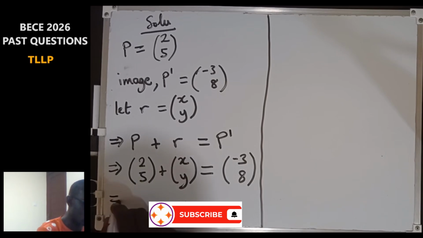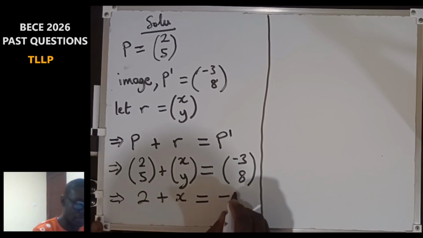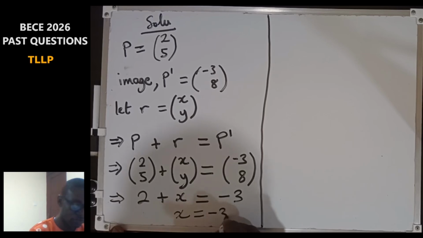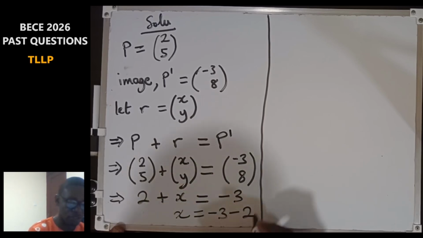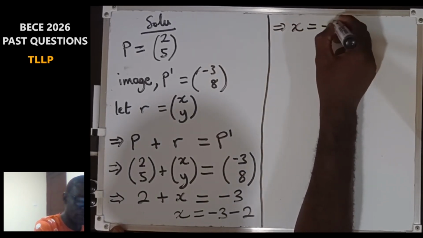So I can equate them. I can say that it implies that 2 plus x is equal to -3. So I can find x by moving the 2 to the right hand side to get -3 minus 2. This is positive. When it comes here, it becomes negative. So our x is equal to -5.